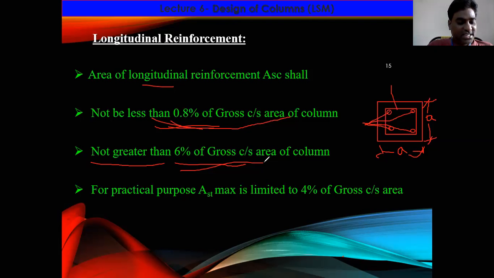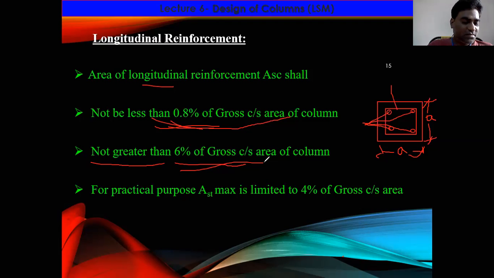The use of 6% reinforcement may involve practical difficulties in placing and compacting the concrete. Hence, lower percentage is recommended where bars from the column below have to be lapped with those in the column under consideration.